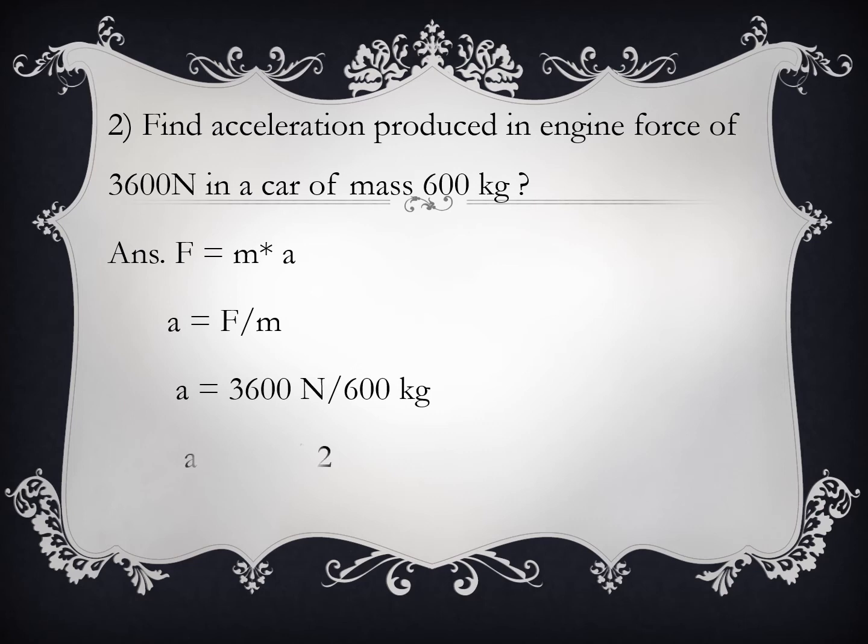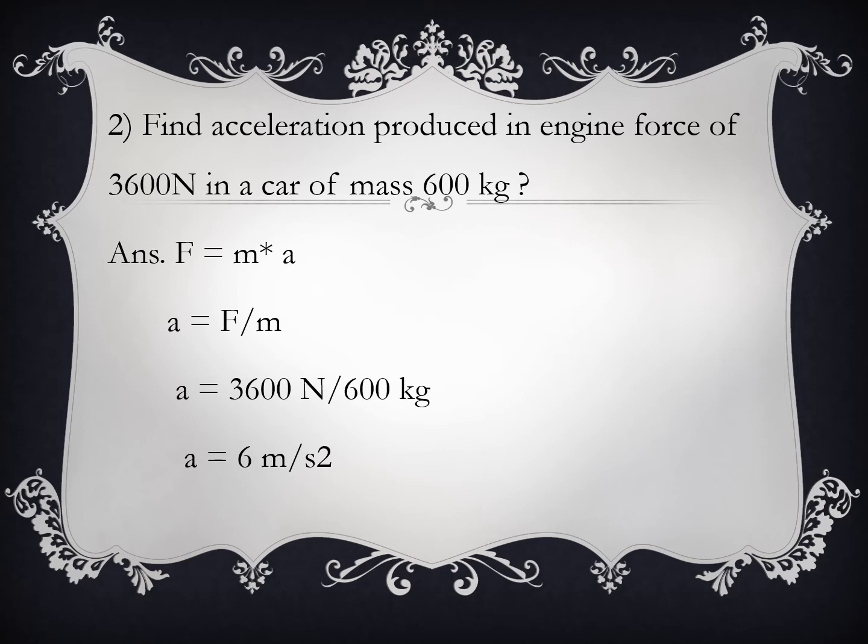As a result we get 6 meter per second square acceleration. Hence 3600 Newton will produce an acceleration of 6 meter per second square in a mass of 600 kg.